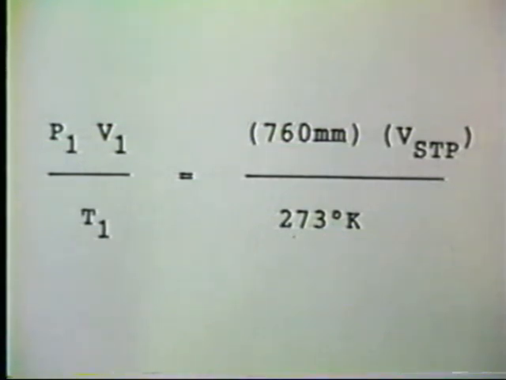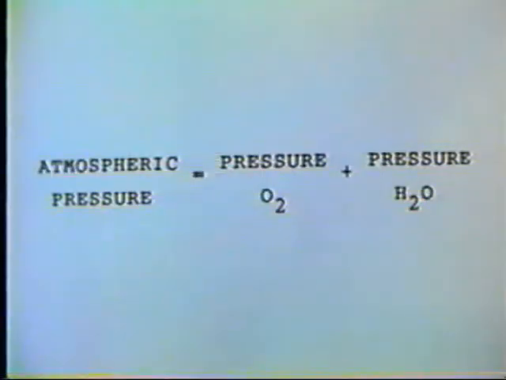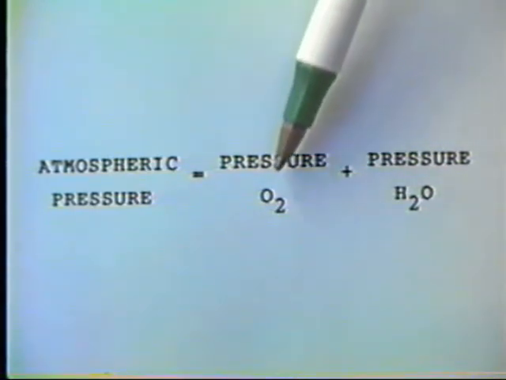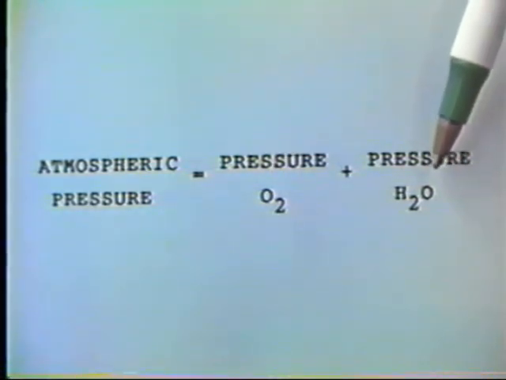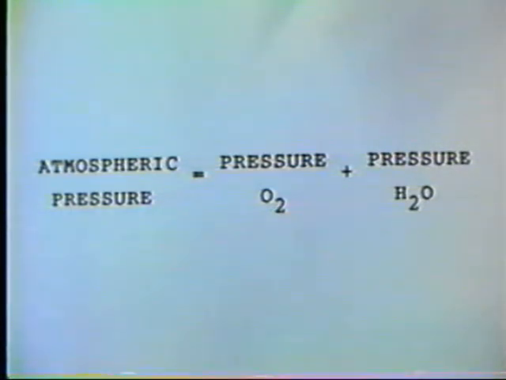The only problem that we are left with is the pressure of the gas, and we'll see how we have to correct that. When we took our flask with the collected oxygen out of the leveling tank, the gas inside was at atmospheric pressure, but there were actually two gases inside, the oxygen and the water vapor, each one of which was contributing its own partial pressure towards the total pressure, which was the atmospheric pressure.